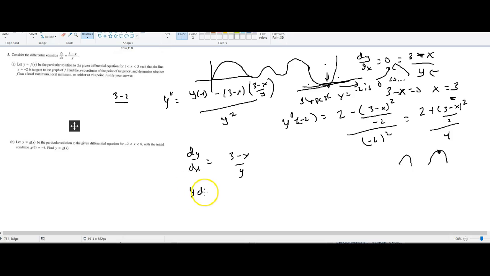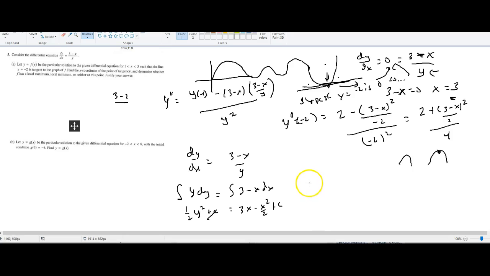Separate my variables. I get y dy, integral equals integral of 3 minus x dx. I can do both sides. This is 1/2 y squared plus c. This ends up being 3x minus x squared over 2 plus c. C minus c makes another c. I'm going to solve for y.